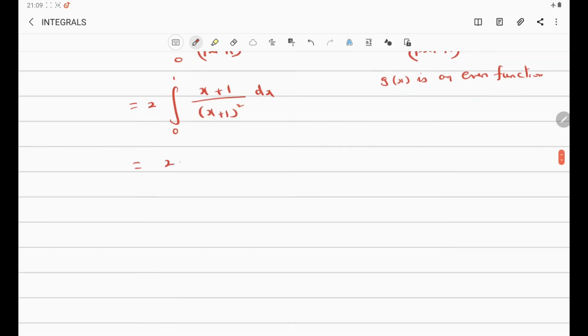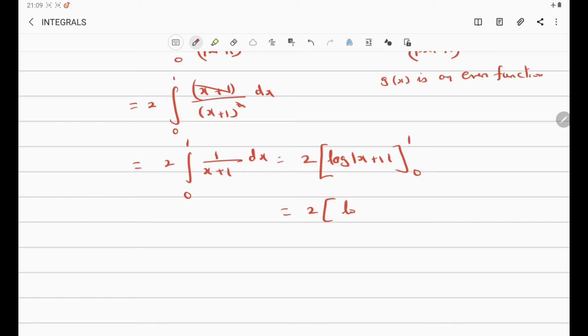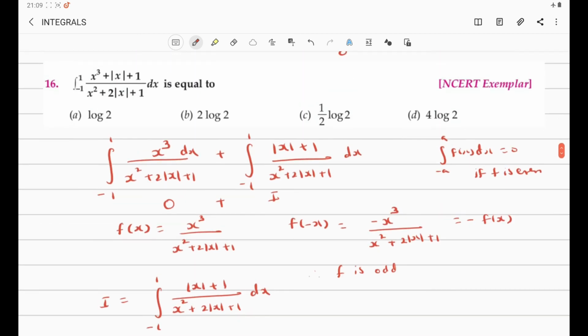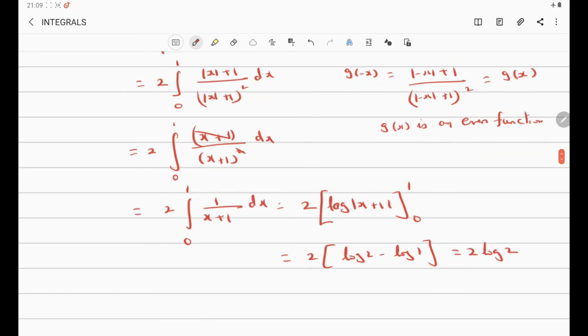One factor gets cancelled and we get 1 by x plus 1 dx, that is 2 times log mod x plus 1. Substituting the upper and lower limits, we get 2 times (log 2 minus log 1), which is 2 log 2. So the right option is 2 log 2, which is option B. So option B is the correct answer.